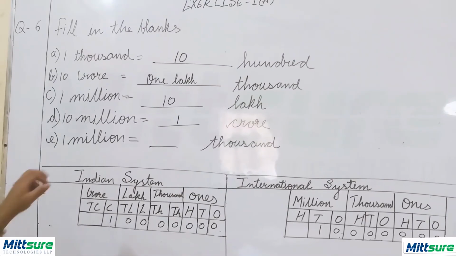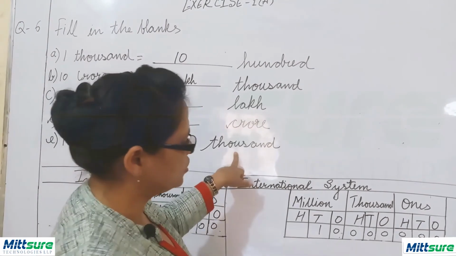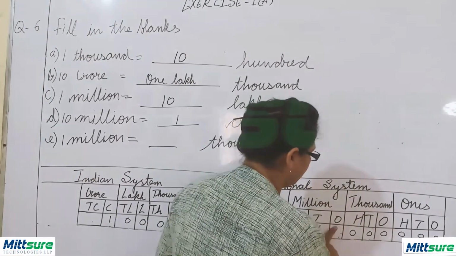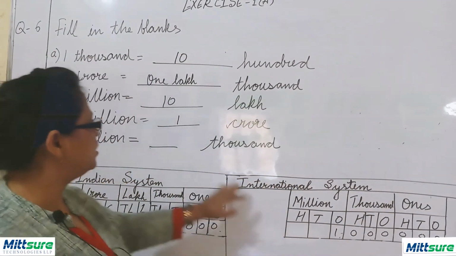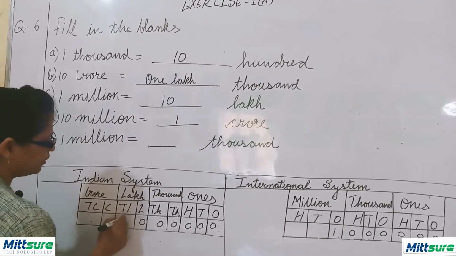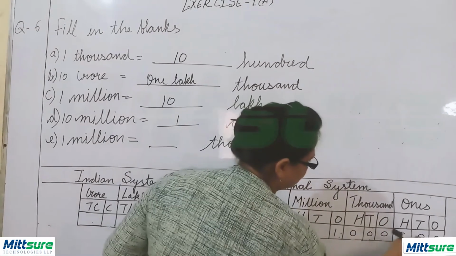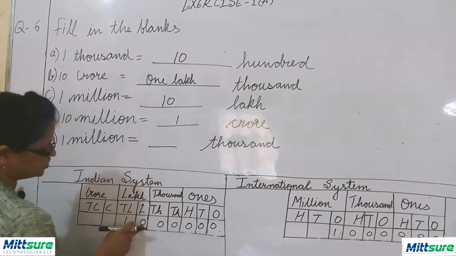Number E is 1 million. How many thousand? If I write 1 million in the international system, then how many thousand will it be? Now how many zeros? 1, 2, 3, 4, 5, 6 zeros here.